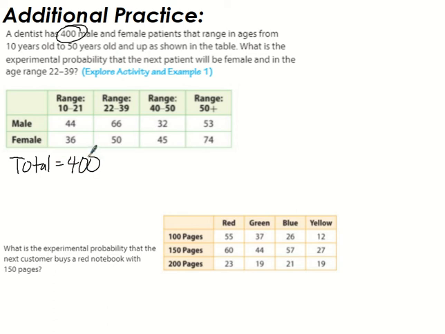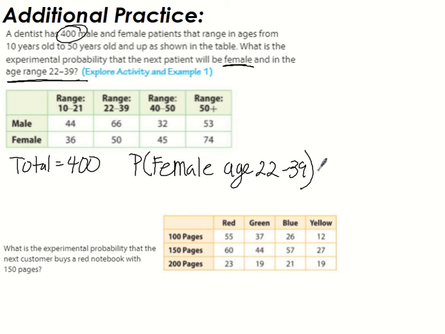So let's see if you can again pause and figure out what the numerator is this time. I'm not going to circle anything, but we're looking for females and range of 22 to 39. Pause. See if you can do this. This is where the good practice comes in. Pause, pause, pause. So we want probability of female, age 22 to 39.